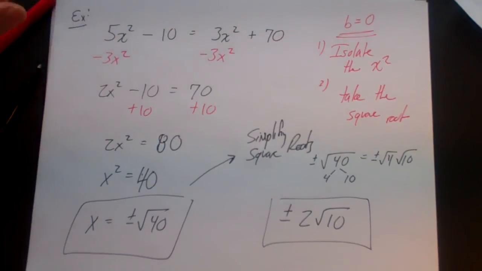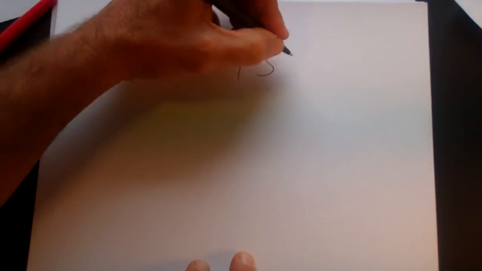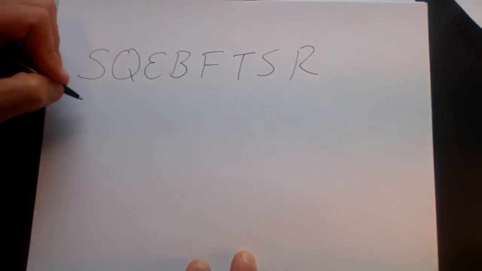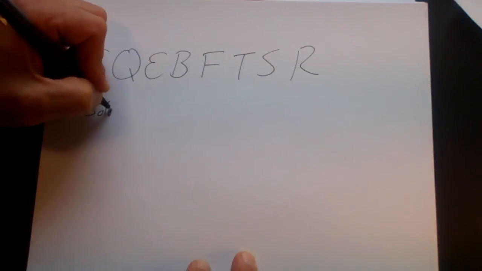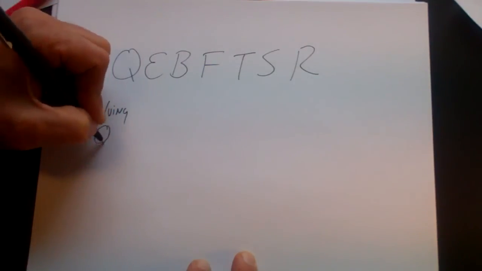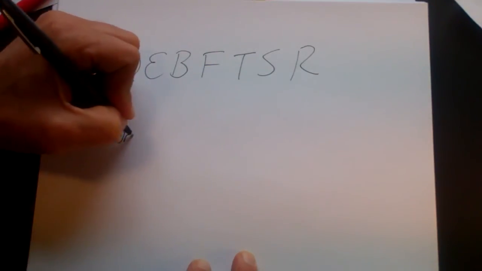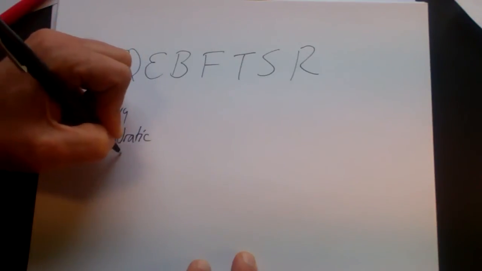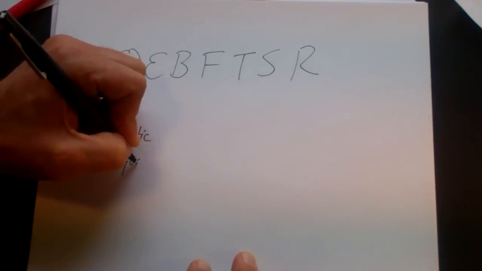Now I have a little mnemonic device to help me remember this. I call these SQEBFTSR problems. You don't have to, but that's the way I'm going to refer to them. Because what we're doing here is solving quadratic equations, and the question is how are we solving them?